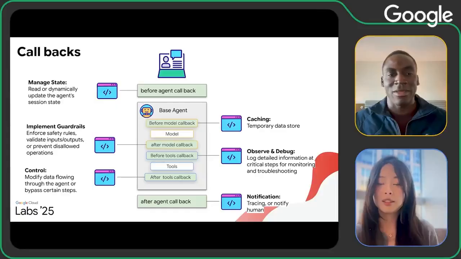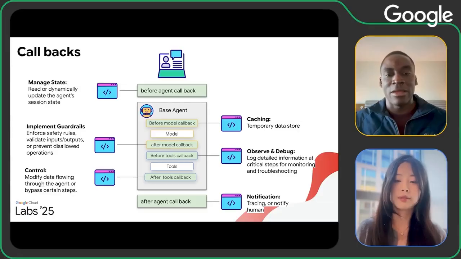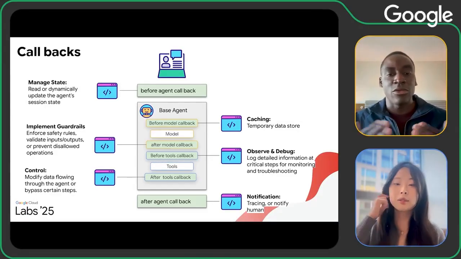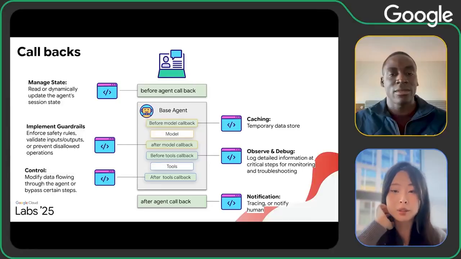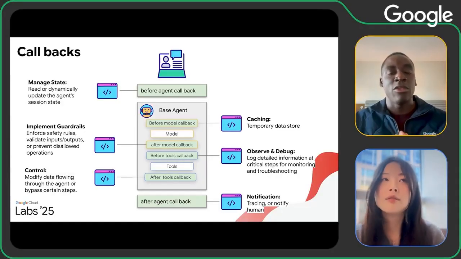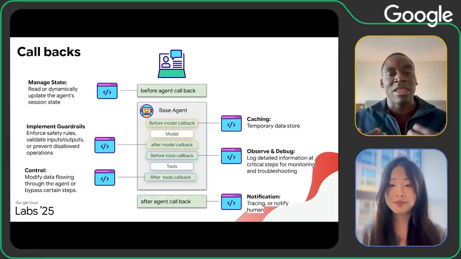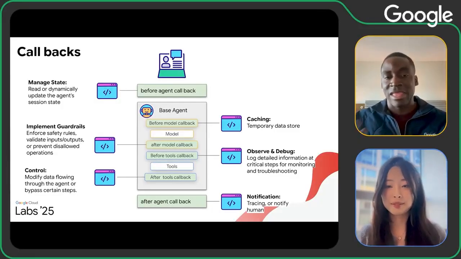Yeah, so as Annie mentioned, these callbacks are a great way of injecting custom logic at different points of the agent lifecycle. And you can do it for different reasons, such as security. Let's say you want to use something like Model Armor, which is Google's. Maybe we explain what Model Armor is. Yeah, so Model Armor is essentially a callable API that you can use to filter inputs and outputs in general. You can imagine having an input, and before it is passed to the agent, you want to filter for any malicious inputs.